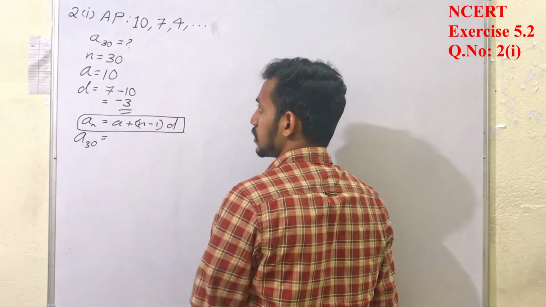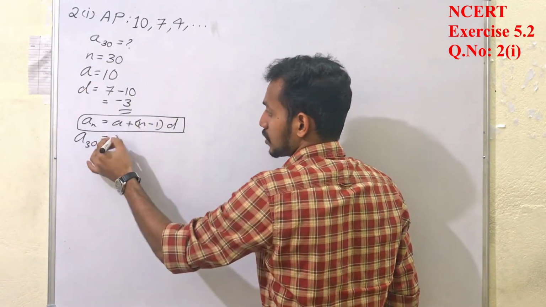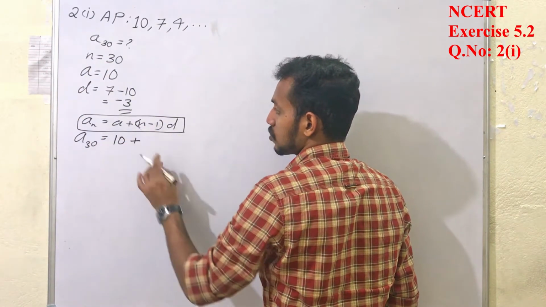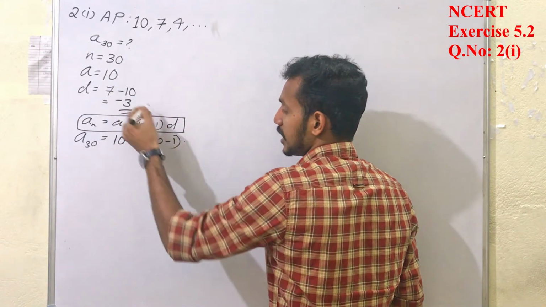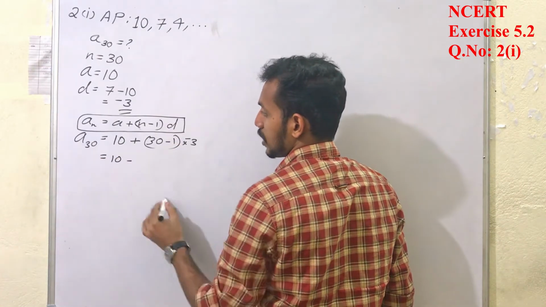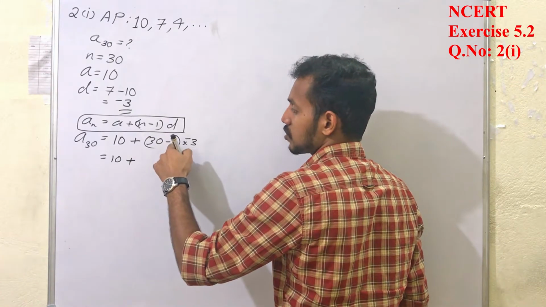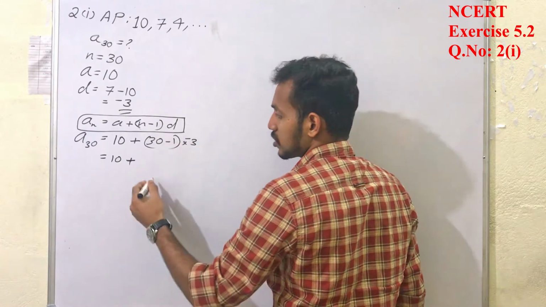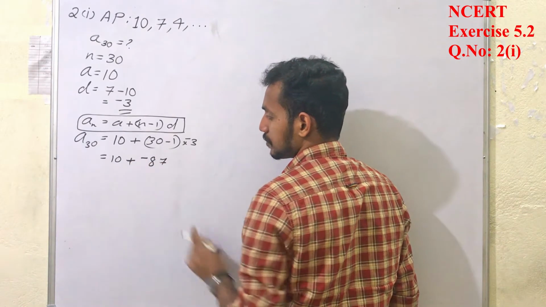So here the 30th term is equal to a plus (n minus 1) into d. a is equal to 10, n is 30, so 30 minus 1, into d, which is minus 3. That is 10 plus 29 into minus 3, since 30 minus 1 is 29. 29 into minus 3 is equal to minus 87.